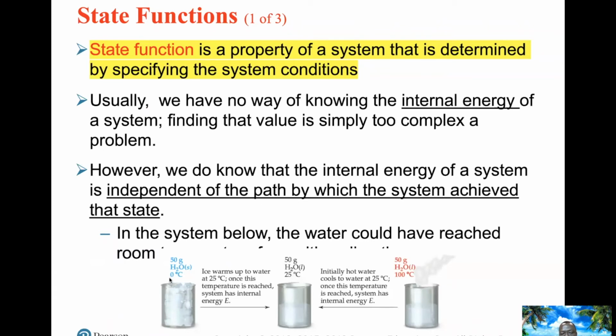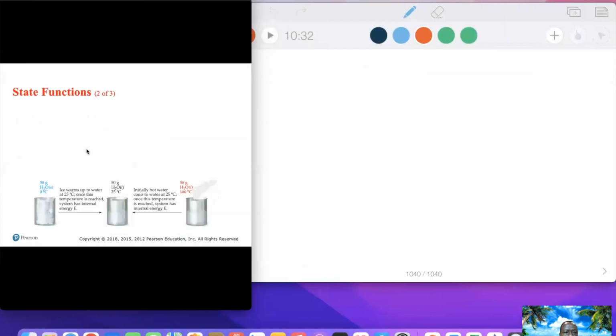We can either melt 50 grams of ice at 0 degrees Celsius, or we can cool 50 grams of H2O at 100 degrees Celsius to the 25 degrees state. It's a state function. It only depends on the current condition, so it's not something we can know. Therefore, internal energy is a state function.